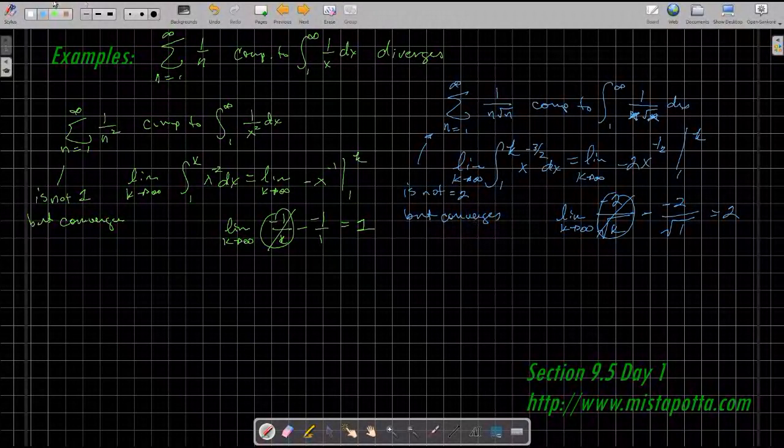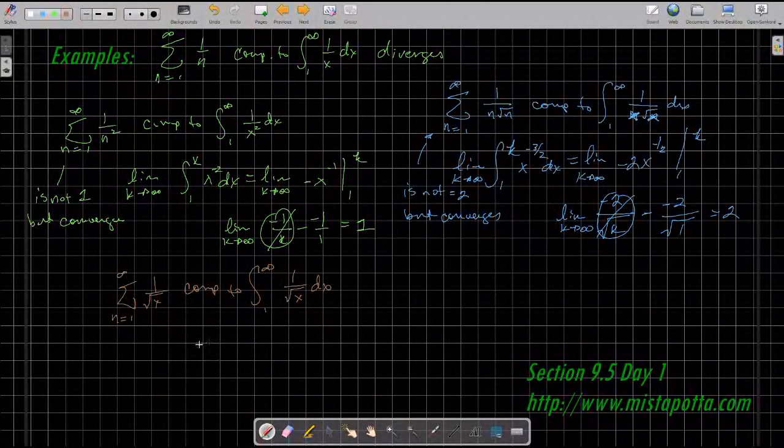And I want to do one more example of this, because I'm starting to see a pattern here. If I look for the sum as n equals from 1 to infinity of 1 over radical n, I want to compare this to the integral from 1 to infinity of 1 over radical x dx.